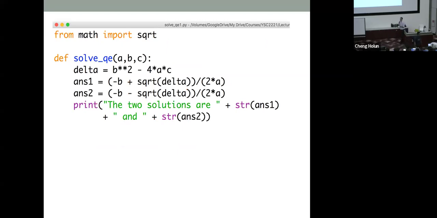And very quickly, this is the code. I will write a function called solve QE. QE means quadratic equation. And I will have 3 function arguments or inputs, which are A, B, C, so the user can just call solve QE ABC. And I will calculate. So first of all, what is delta?